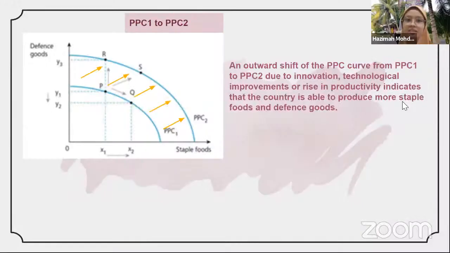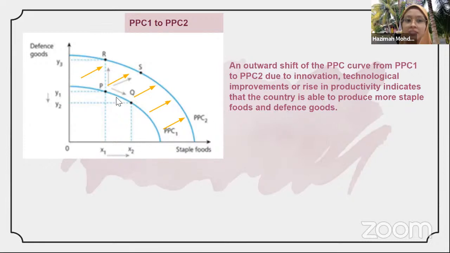Next. Yang ni pun sama juga. Bila there is upward shift of PPC curve from PPC 1 to PPC 2, there is innovation, technological improvement, or rise in productivity. It indicates that the country is able to produce more staple foods and defense goods.